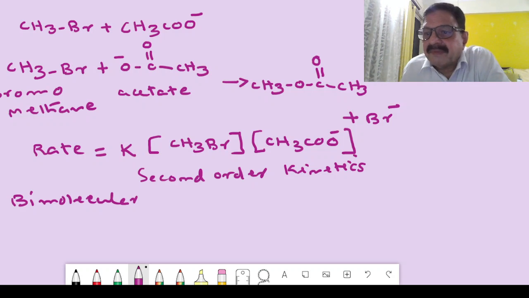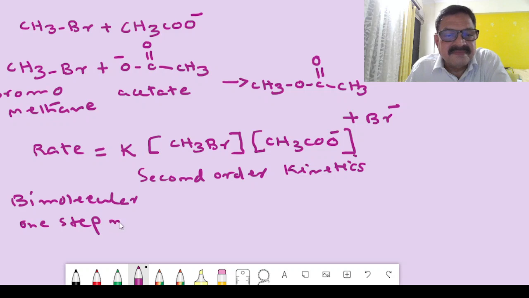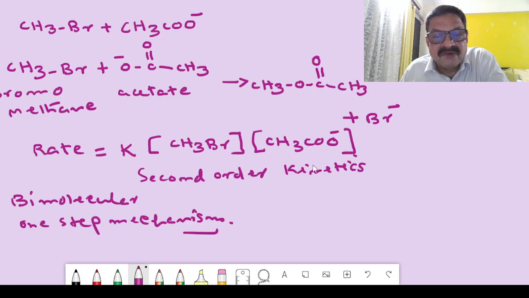Only one step. It is a one-step mechanism. So this kind of reaction, this nucleophilic substitution, is a bimolecular reaction. This is known as the SN2 mechanism.